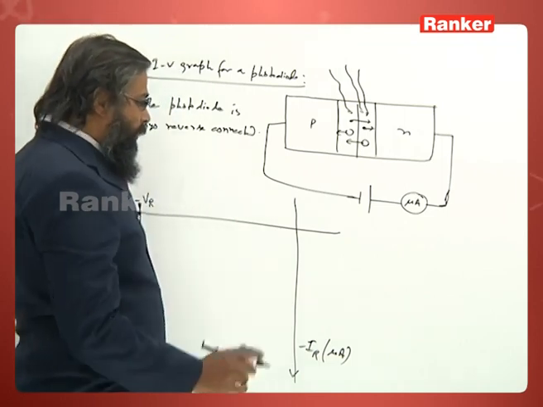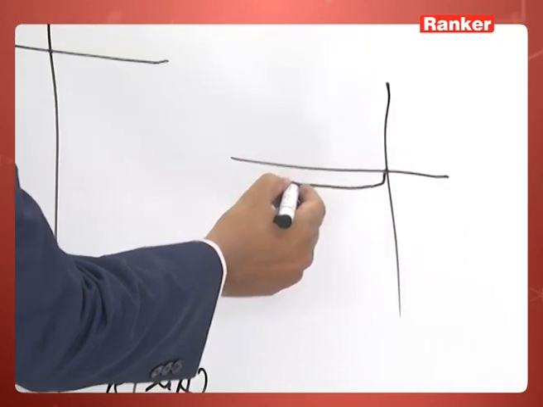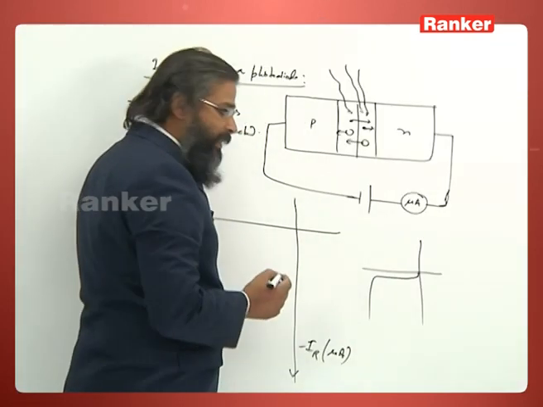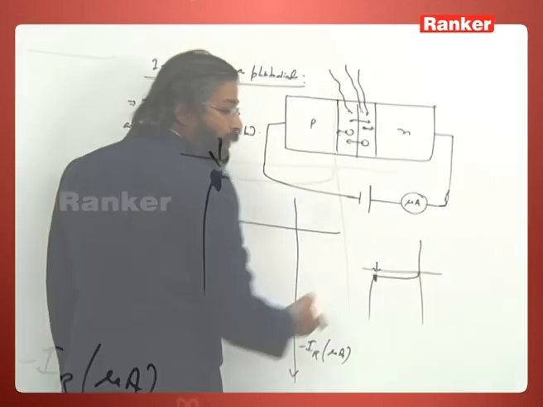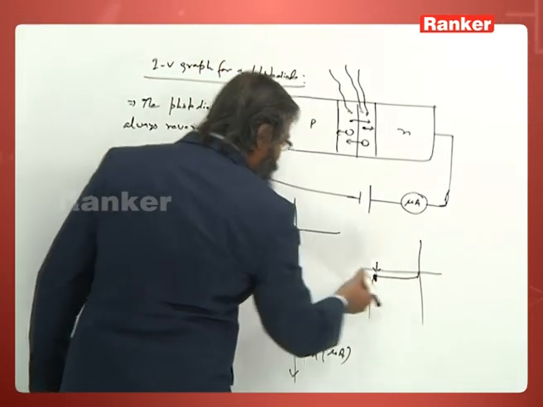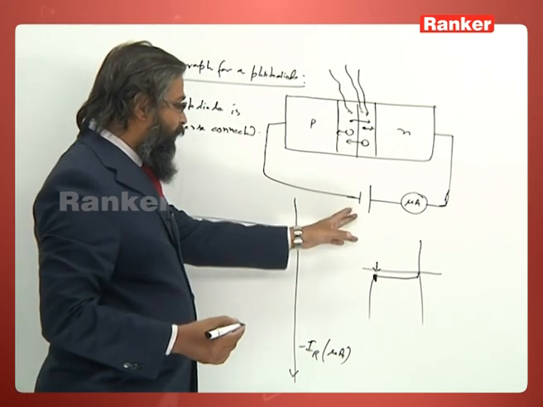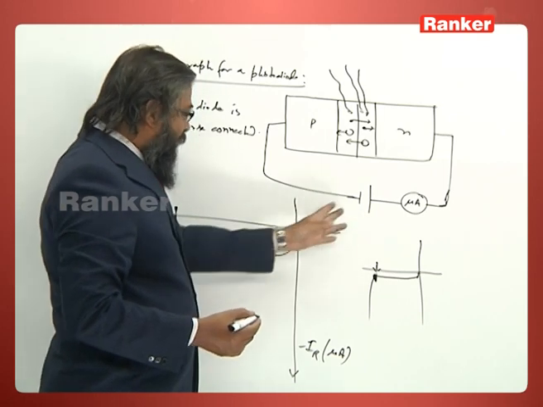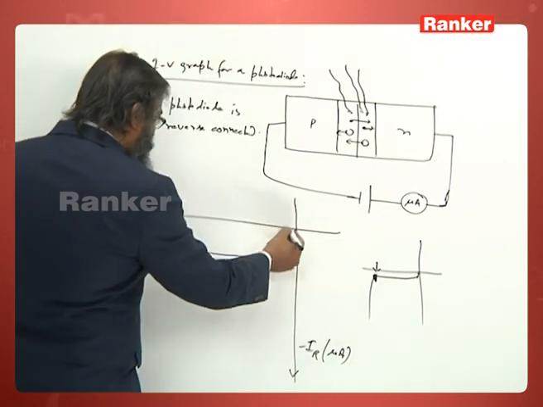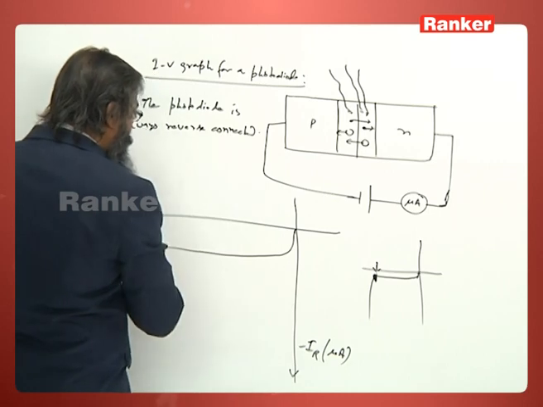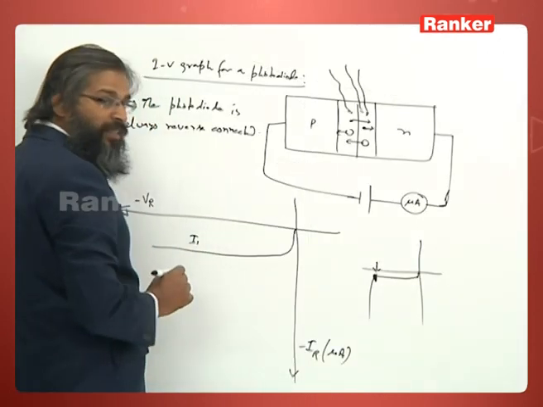Now let us recall that for a normal PN junction in reverse bias, it was something like this. We try that we do not go in this region. That means we are here in this region. You see the current immediately becomes saturated. If this voltage is very small, then also the current will grow and become saturated. If I increase this bias, the current will become constant, and this happens for intensity I1.